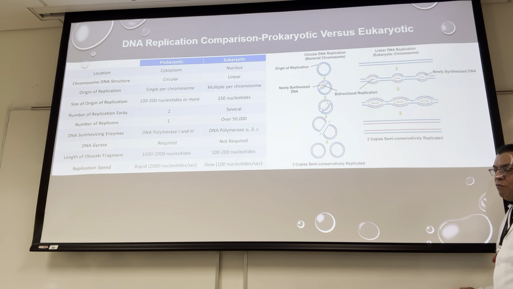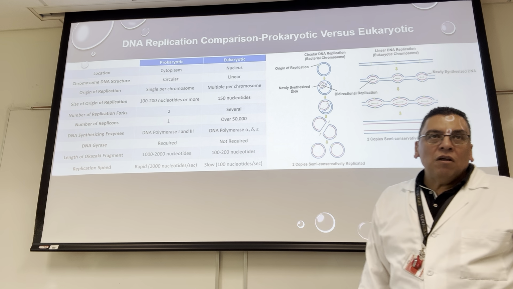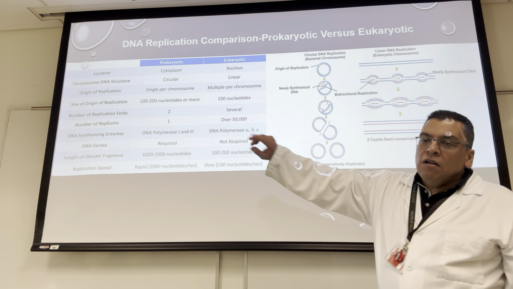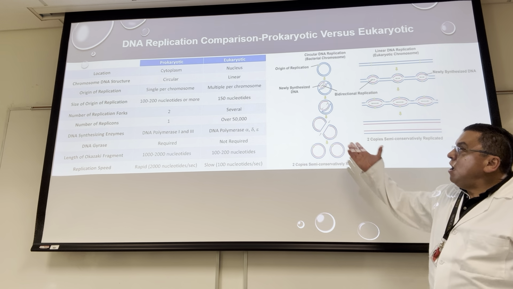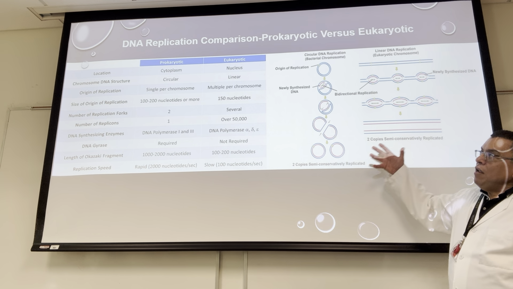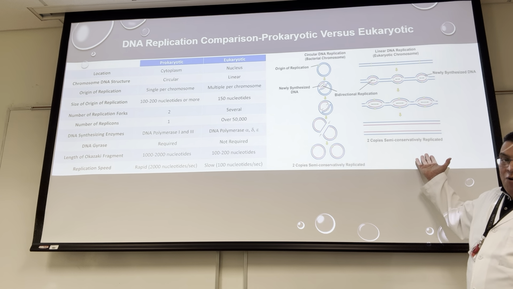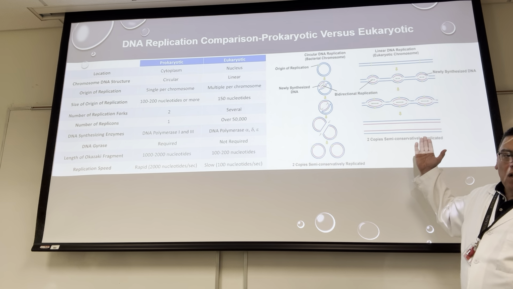That's one main difference between eukaryotic and prokaryotic DNA replication. One origin of replication, multiple origins of replication. The main reason this one has one is because it's circular and smaller. The main reason you need multiple ones is because they're linear and much longer.